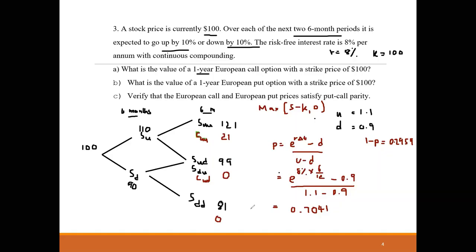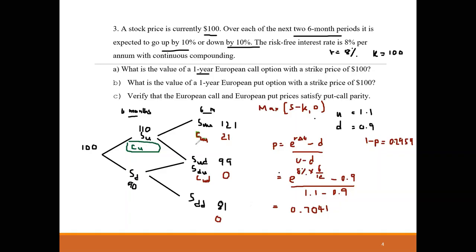Now let's look at the value of the option at this point. What would be our CU? What would be the option price if it goes up once? You need to take the expected payoff.